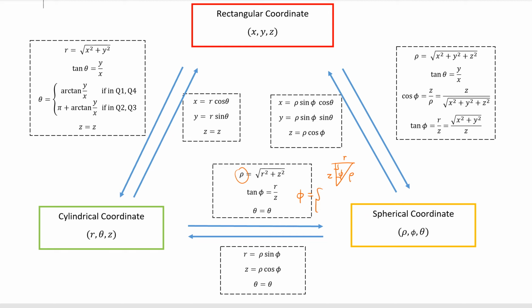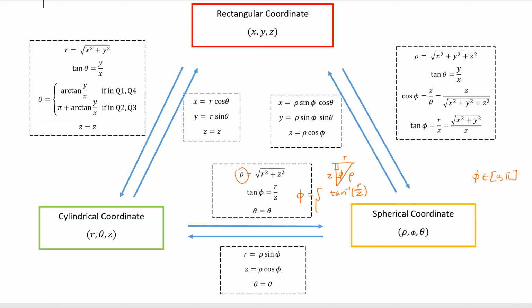Well, phi is going to be the arctangent, but it also depends on where the point is located. Imagine phi is the drop-down angle, so phi is between 0 and pi.